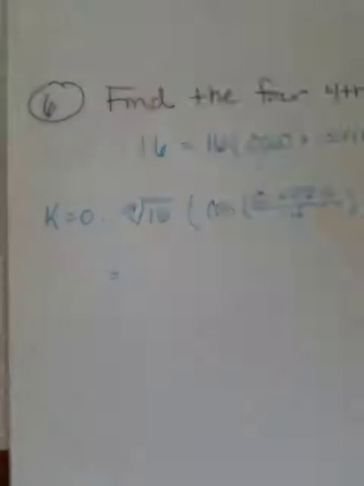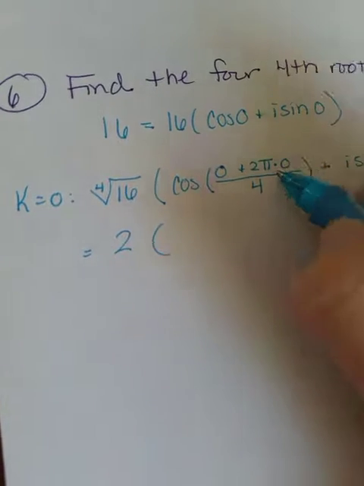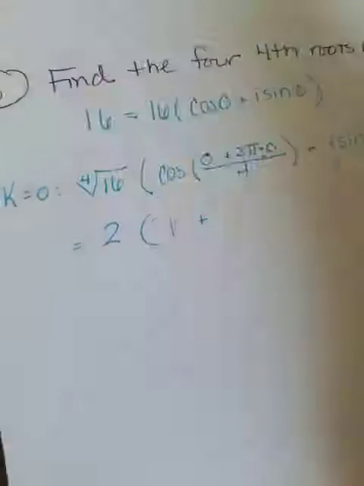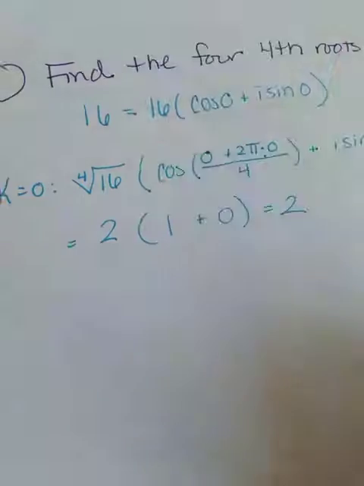Okay? Well, the fourth root of 16 is 2. So I'm going to have a 2. This all right here is just 0, as is this. So cosine of 0 is 1, and this is just 0.